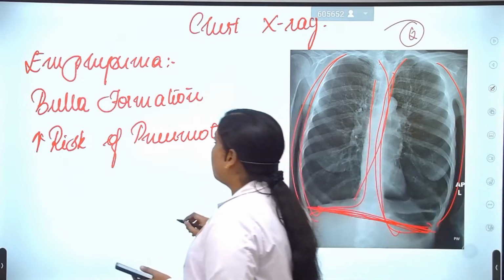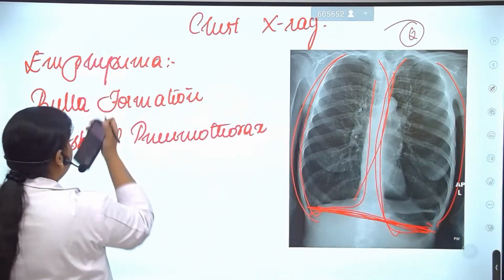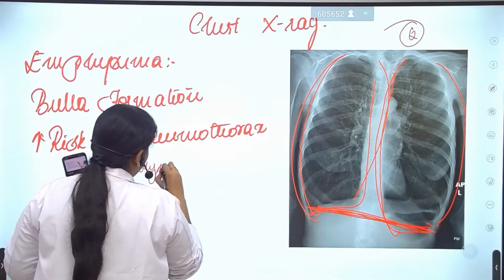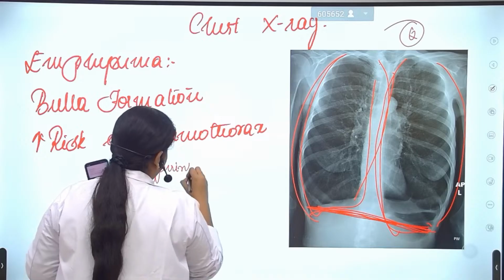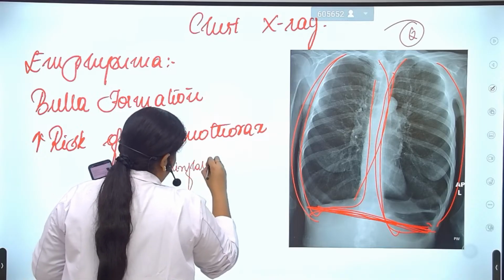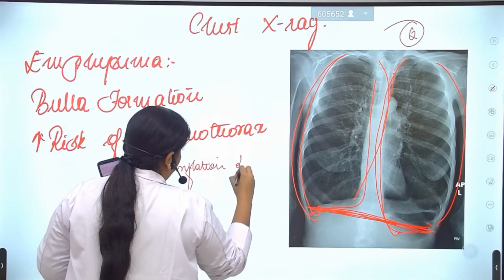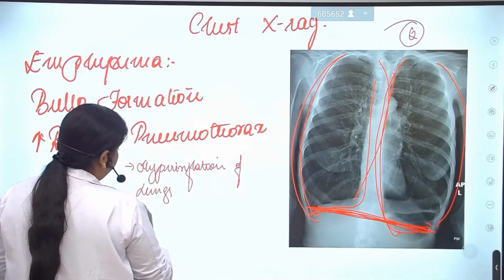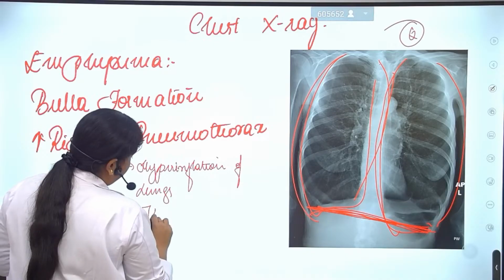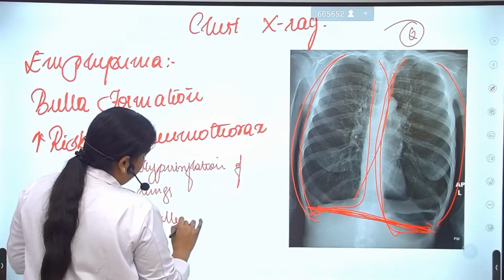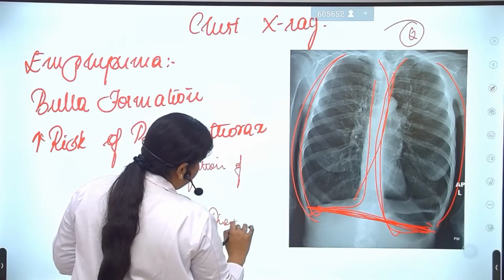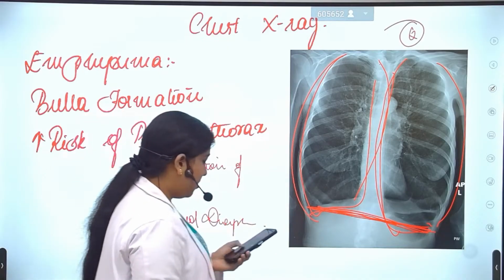The important keywords to note are hyperinflation of the lungs, followed by a flattened diaphragm.